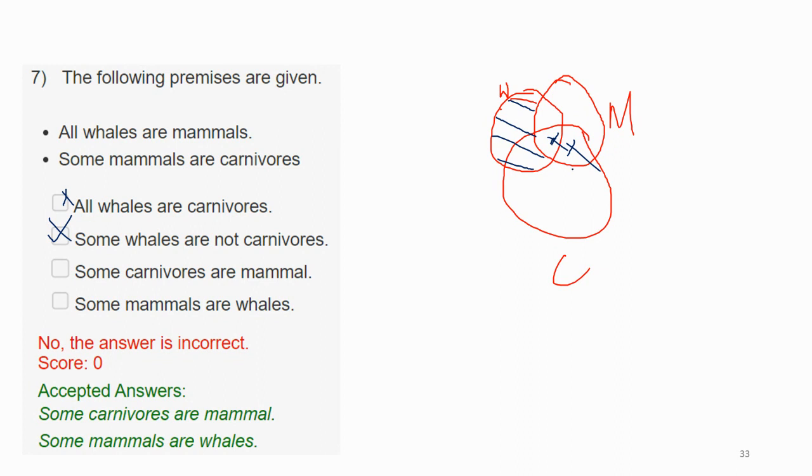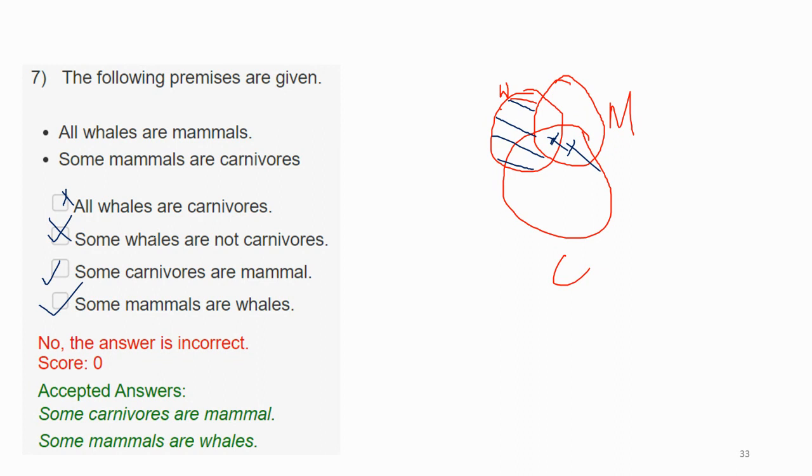Since they share this cross section, we can conclude that some carnivores are mammals. And the final one, some mammals are whales. Since one cross section is there, we can also say some mammals are whales. So this is also correct.